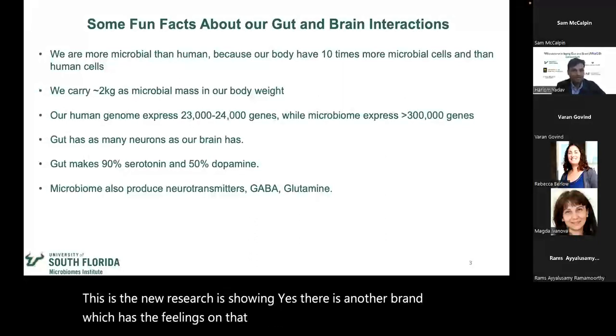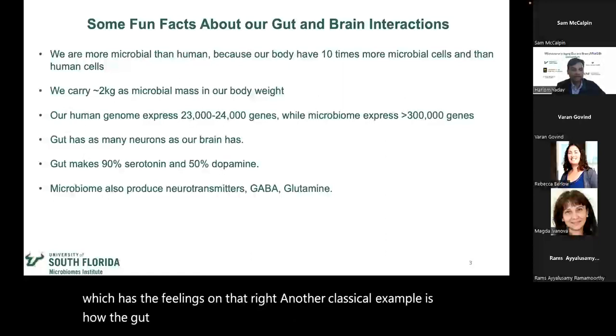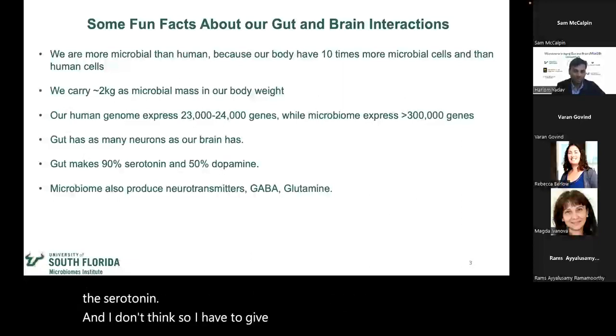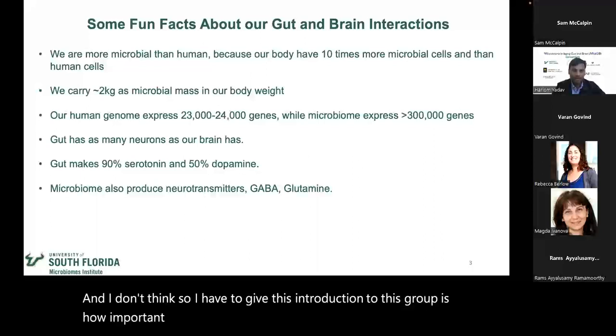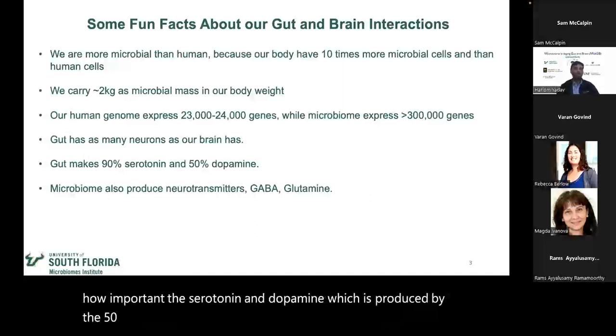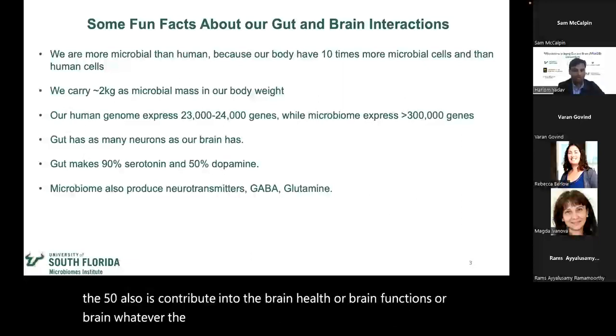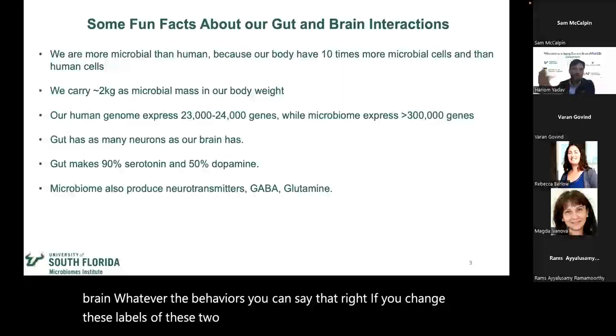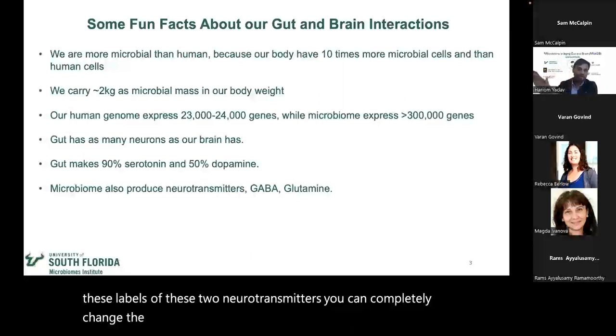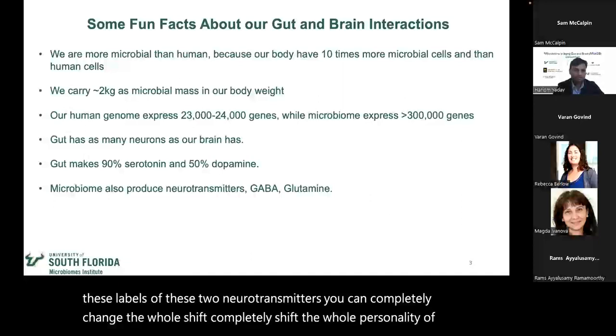Another classical example of how the gut can influence brain health is that the gut makes around 90% of the serotonin. And I don't think I have to give an introduction to this group on how important serotonin and dopamine, of which the gut produces 50% also, are to brain health, brain functions, or brain behaviors, you can say, right? If you change the levels of these two neurotransmitters, you can completely shift the whole personality of a person, right?